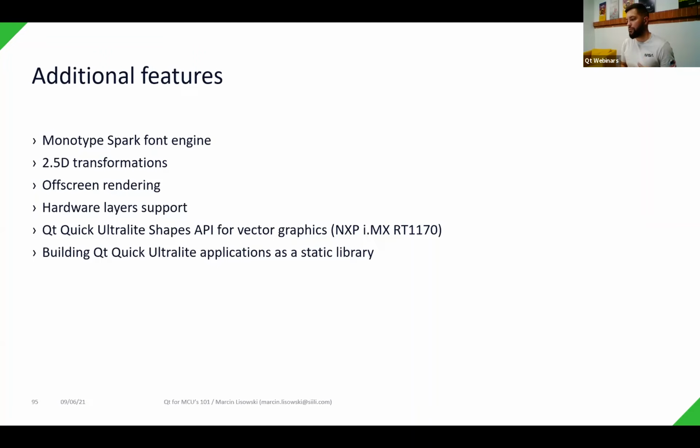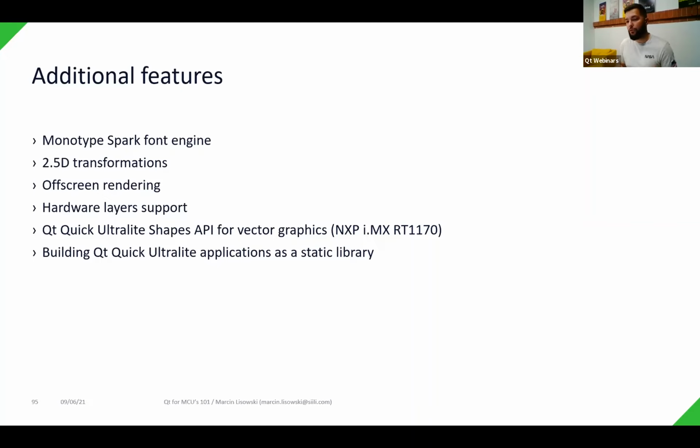So Qt for MCUs can also be a software that could render some images that are not going to be shown on the screen, at least not in your device. It can be generated there and sent to other devices across your ecosystem to make use of that.